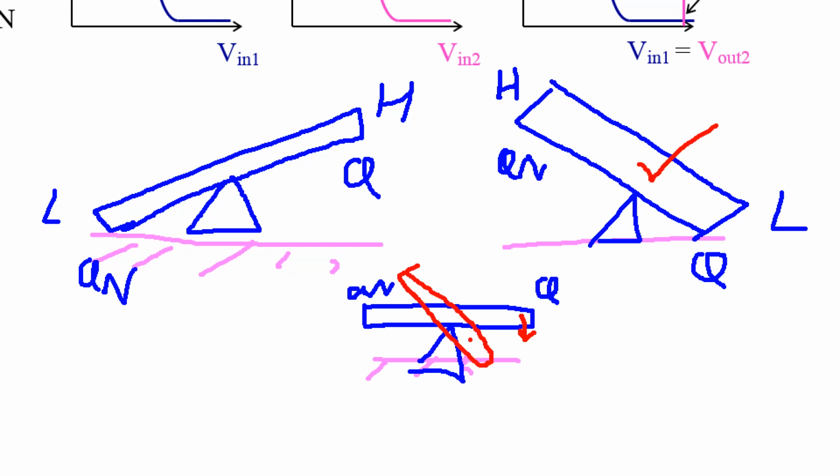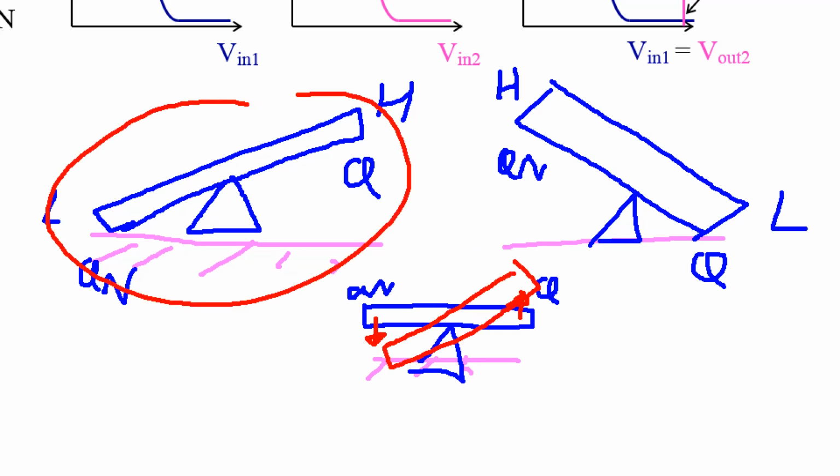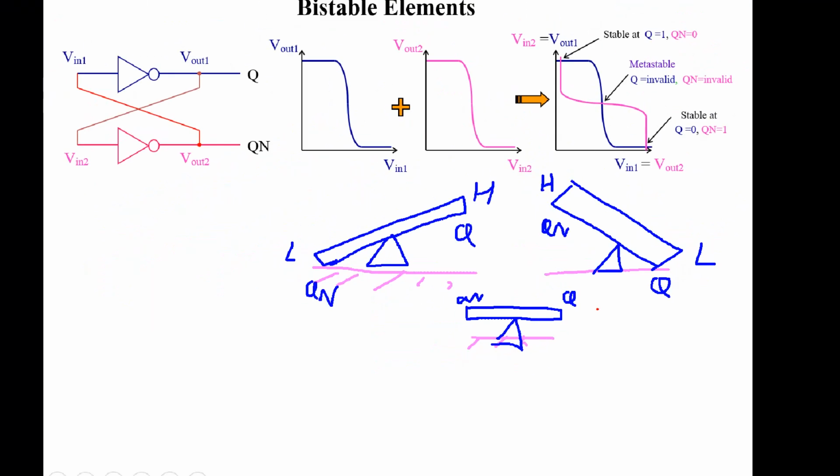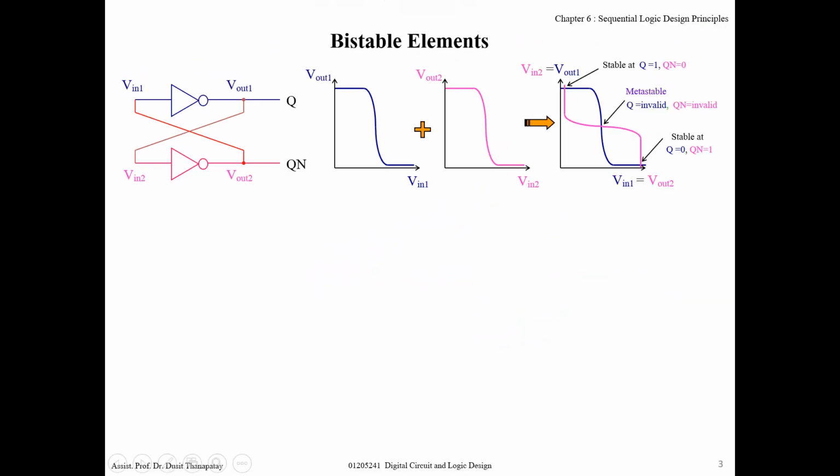But if the noise makes this side lower and this side higher, the beam will be stable at the other state. You cannot know when the vibration or noise will come in, and you don't know whether it will make this side or that side higher or lower, so it's unpredictable.